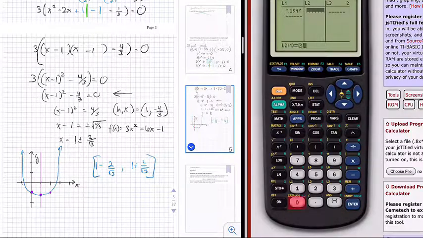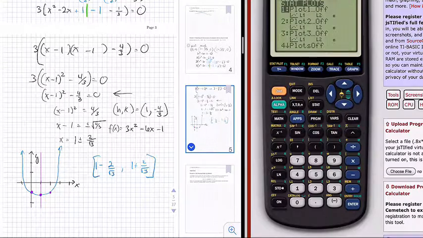If that's my x, my y is 0. And then my other one, I think it's going to be 1 plus 2 divided by the square root of 3. That's another one of my x's, and that should give us that y is 0.